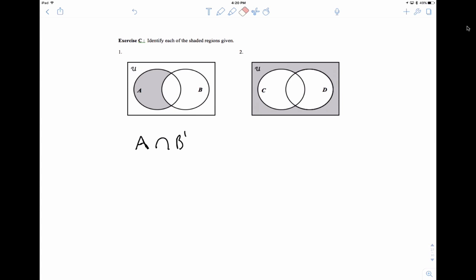And I think 2 is a little bit easier to see. That we've got the union of C and D, not, the complement of it. That was fairly straightforward.